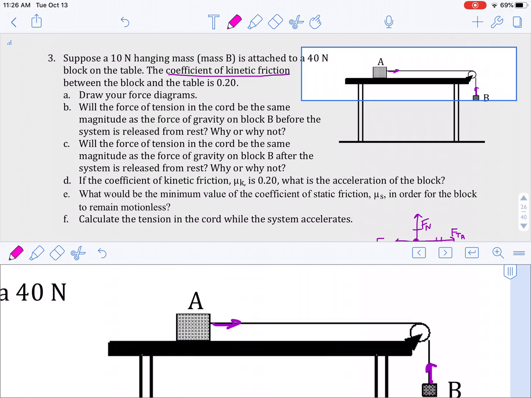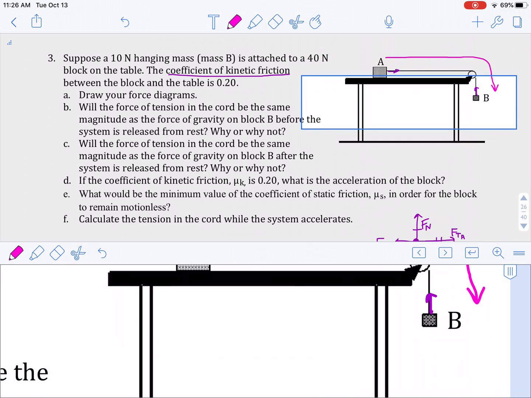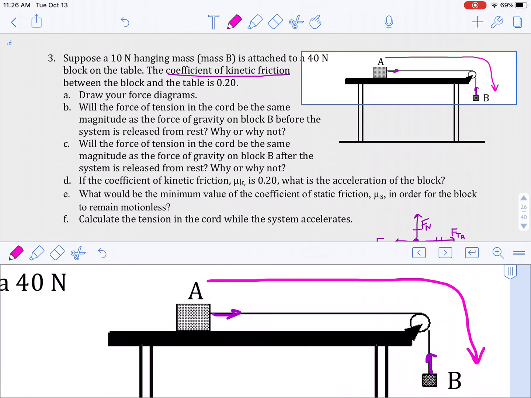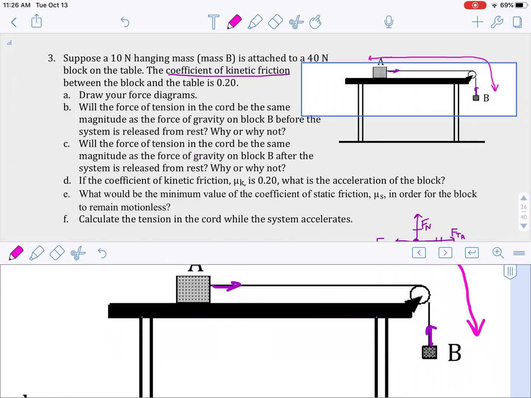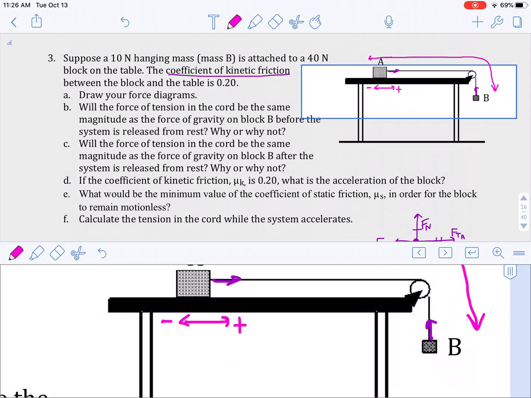System A, so this block, is going to accelerate like this, right? B will accelerate downwards, and A will accelerate to the right. So this is our axis of acceleration, which basically means that any force that goes to the right on A is positive, and any force that goes to the left on A is negative.